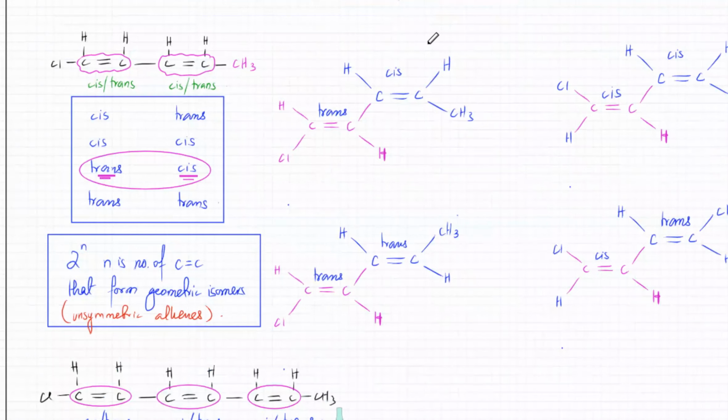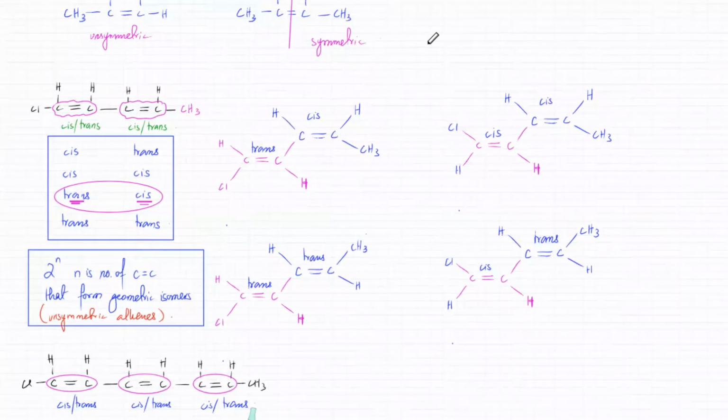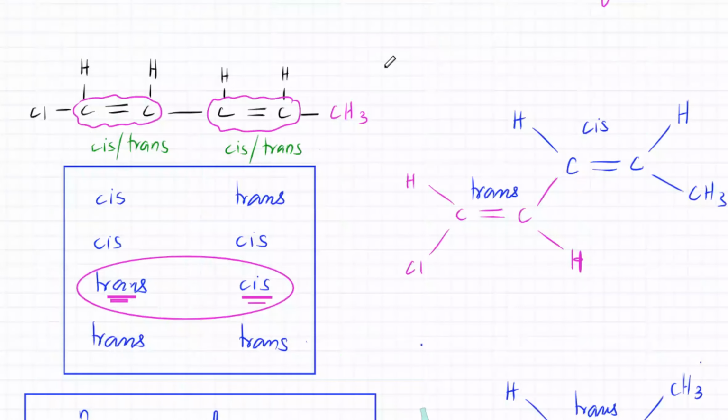So now the next thing is, what if the molecule is symmetric? So if I want to make this a symmetric molecule, what I can do is use the same molecule and just change the CH3 to a Cl, and it will turn into a symmetric alkene.